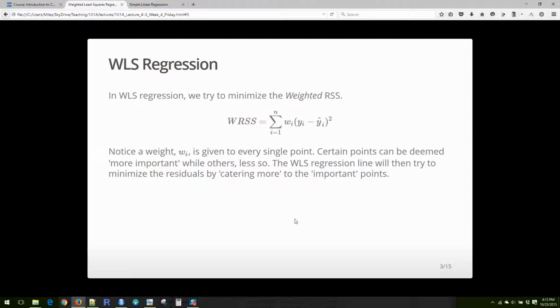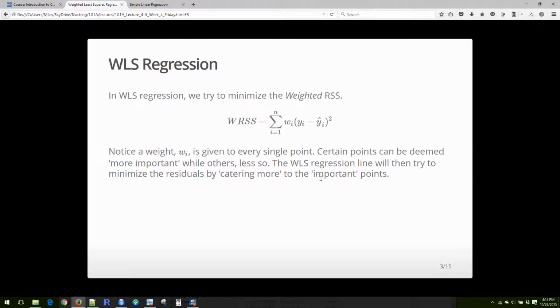With weighted least squares regression, we're trying to minimize the weighted residual sum of squares. There is a weight w sub i given to every single point in our data. If you have 50 data points, you get 50 weights. Every single data point has a weight. And so we can say this data point's important, this data point is less important, and the weights determine that.